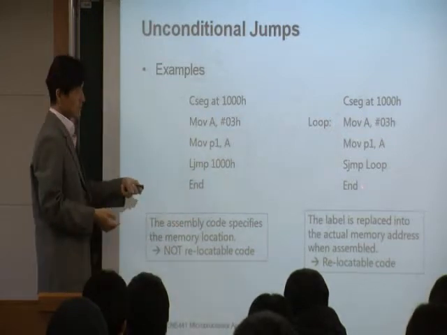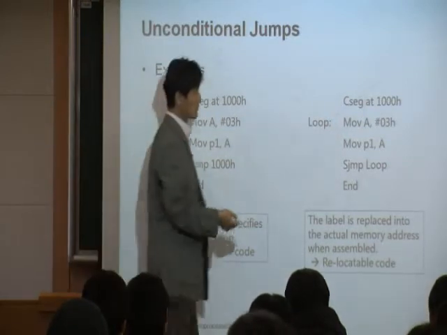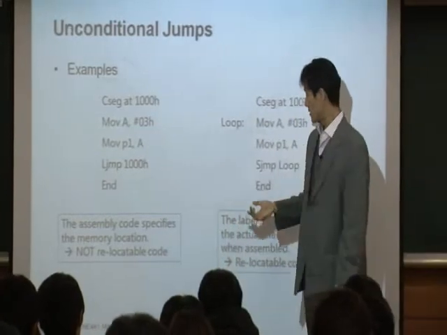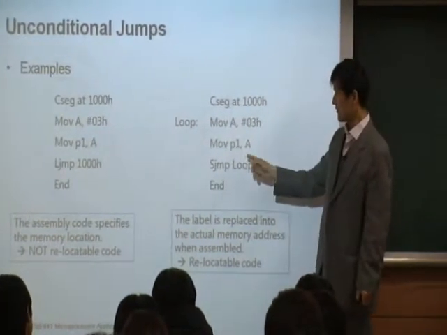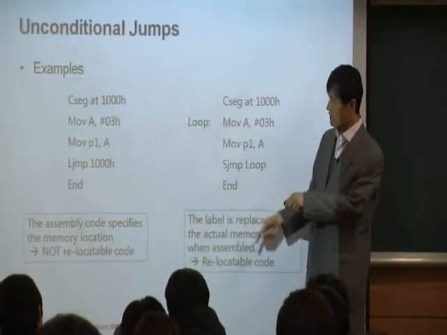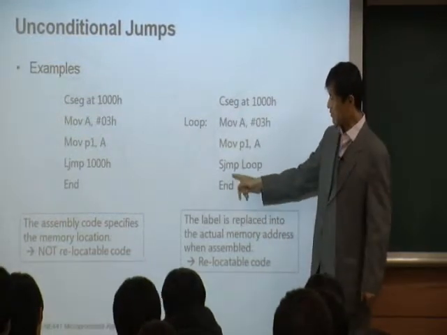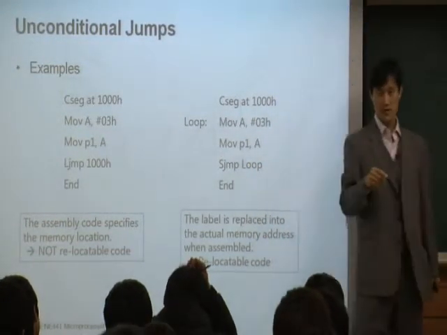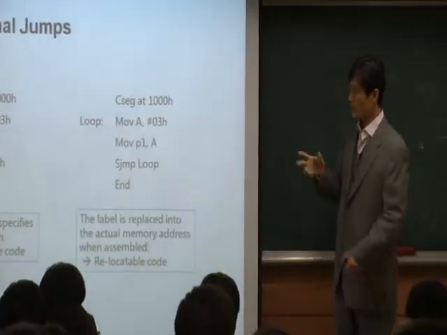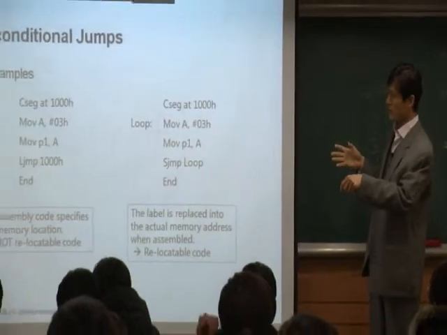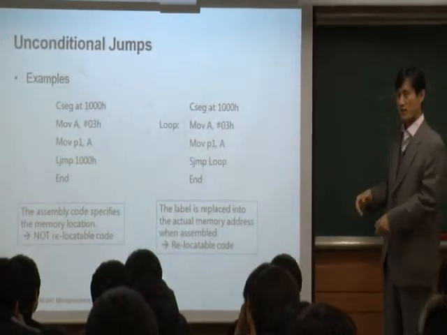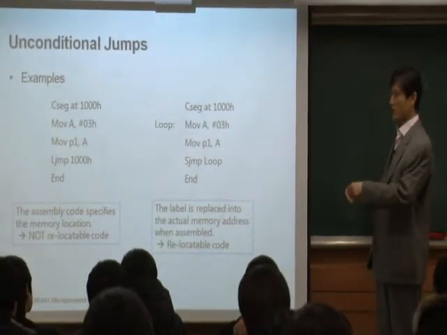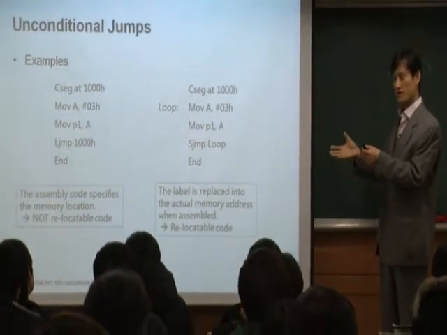Okay. This is another example. Same here, pretty much. The only difference is that instead of long jump 1000H, what I'm doing is the short jump loop. So look at these 2 programs. Let's say you run this program in one machine, and you run this program in another machine. So what would be the difference?